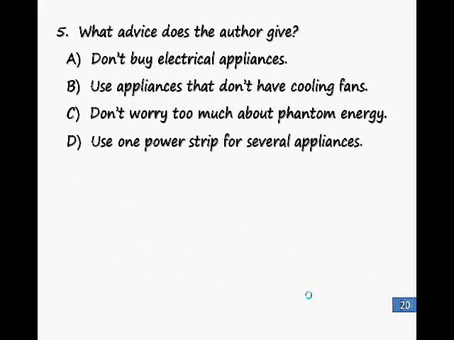Question after that, number 5. What advice does the author give? So again, in the advice, you can find about 2 or 3 questions talking about advice. So what advice does the author give? A. Don't buy electrical appliances. B. Use appliances that don't have cooling fans. C. Don't worry too much about phantom energy. D. Use one power strip for several appliances.